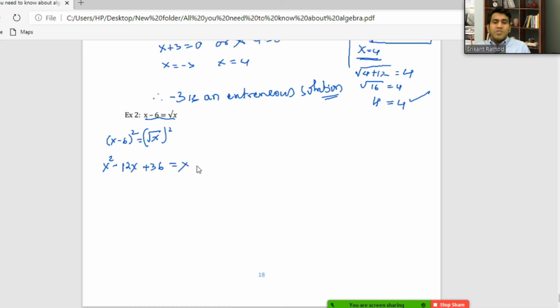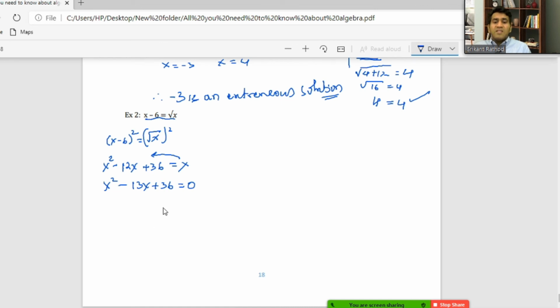Now we simplify it further by taking this x to the other side: x square minus 12x minus x, because when you subtract x from both sides to make the right side equal to 0, 12x minus x is going to be 13x, plus 36 equal to 0.